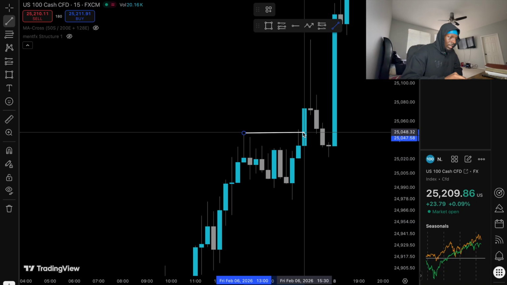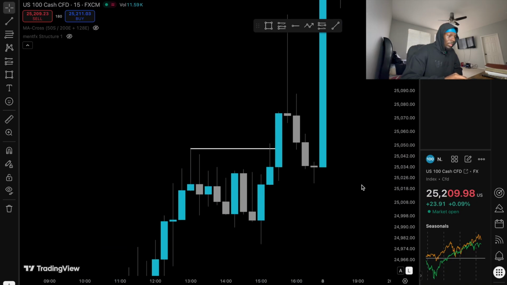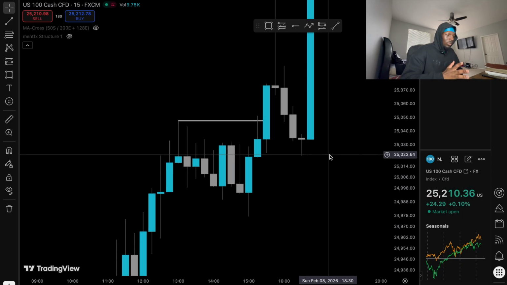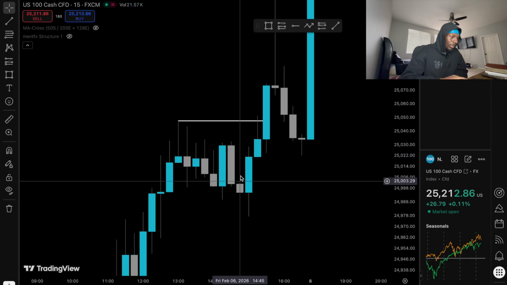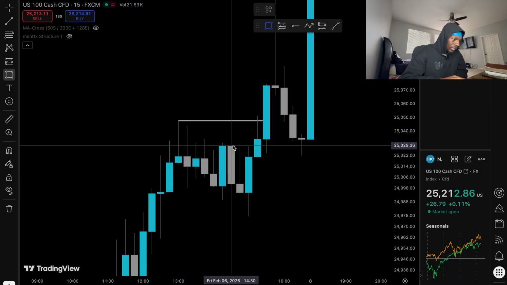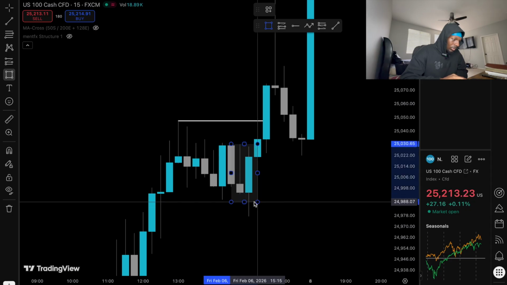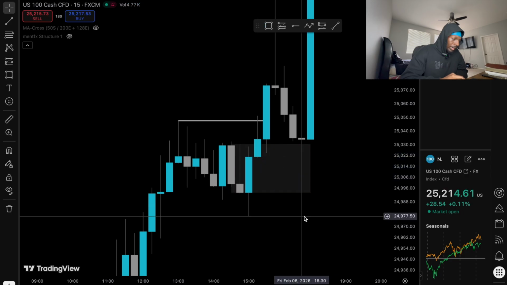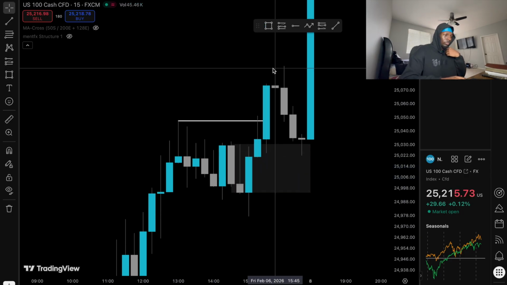This is a high. What is the last candle? What's the last sell candle that gave it volume? If you guessed this candle right here, you are correct. This candle, the top of the wick to the bottom of the wick. Boom, right? So this candle caused this volume.